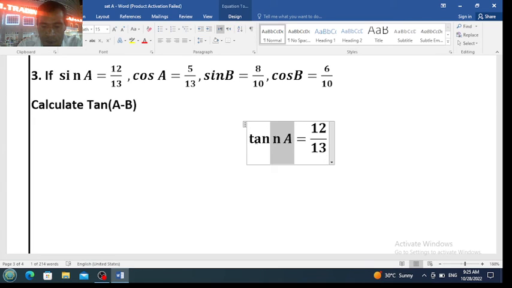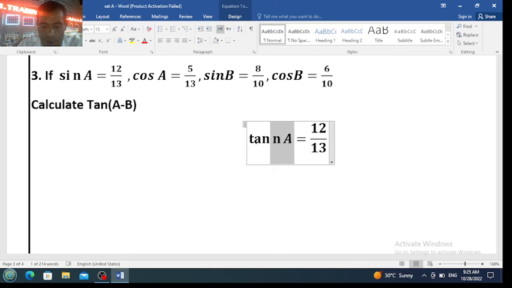You will divide these two ratios. Here you see the common denominator will be cancelled out, so it will be 12 over 5.